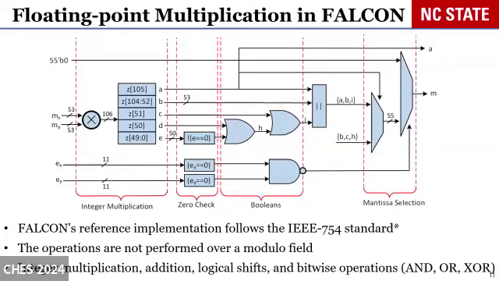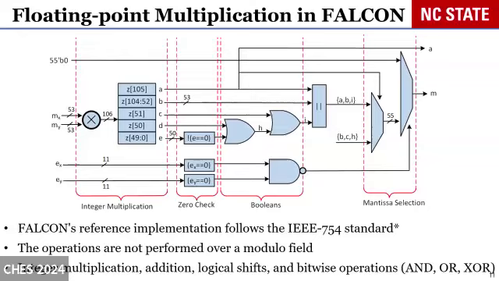After that, you have to go through a zero check operation, some Boolean computations on it, and finally choose the mantissa based on whether there is a zero check or not. This computation follows the IEEE standard closely. Some operations are omitted, so it's a simplified version of the IEEE standard.